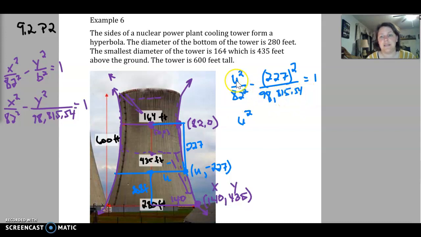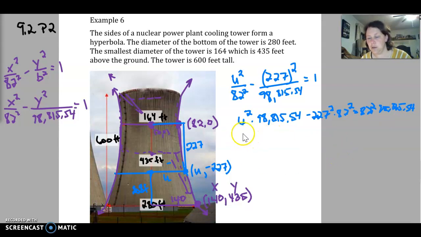When we multiply by the least common denominator, 82 squared will cancel, and so we'll have that times 98,815.54 minus 227 squared times 82 squared is equal to 82 squared times, I'm going to run out of room here, times the 98,815.54. That looks horrible.